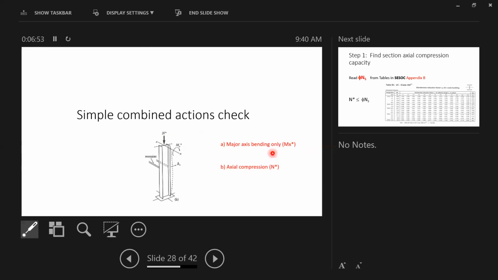So these two are design forces, and after analyzing your structure, you will find out about your Mx star and N star from the analysis, and now you take them and see what member is suitable for carrying those loads.